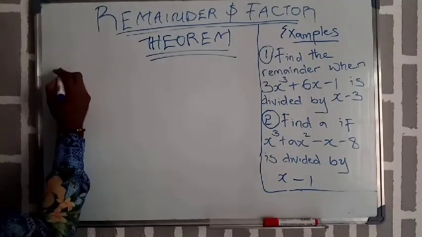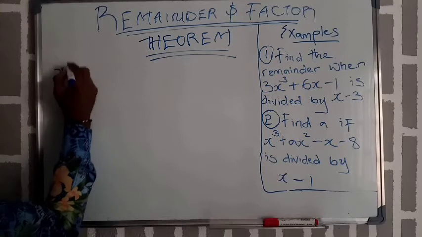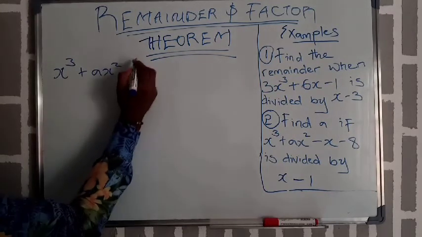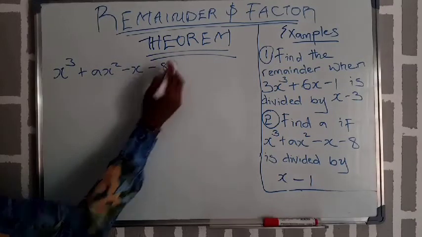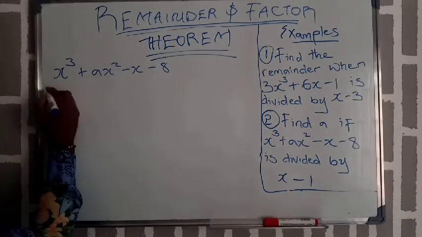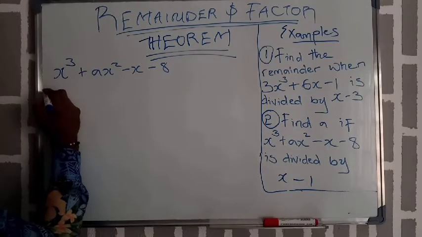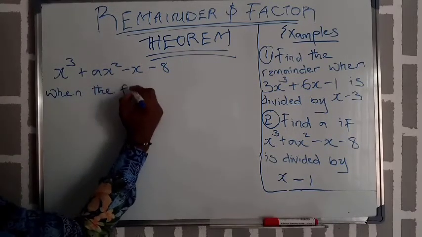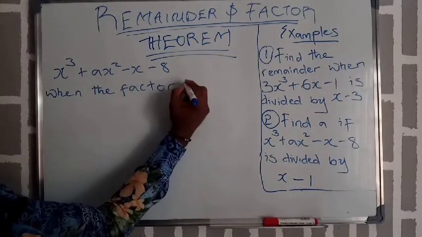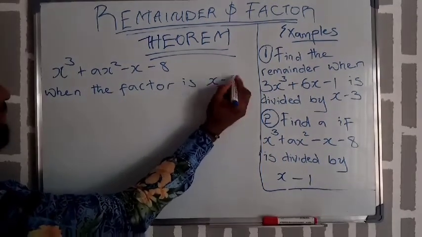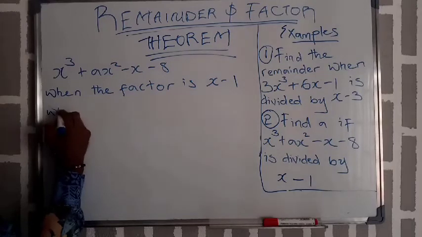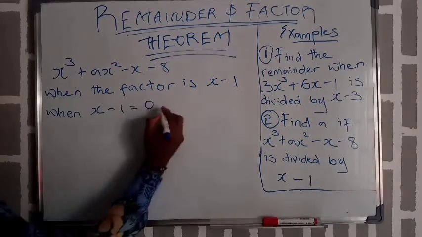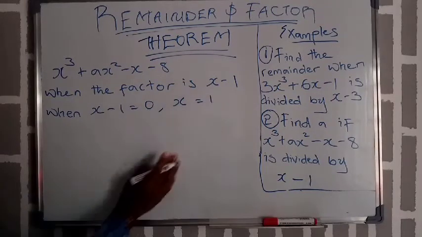x cubed plus ax squared minus x minus 8. So now you write, when the factor is x minus 1, then when x minus 1 equals 0, x is equal to 1.